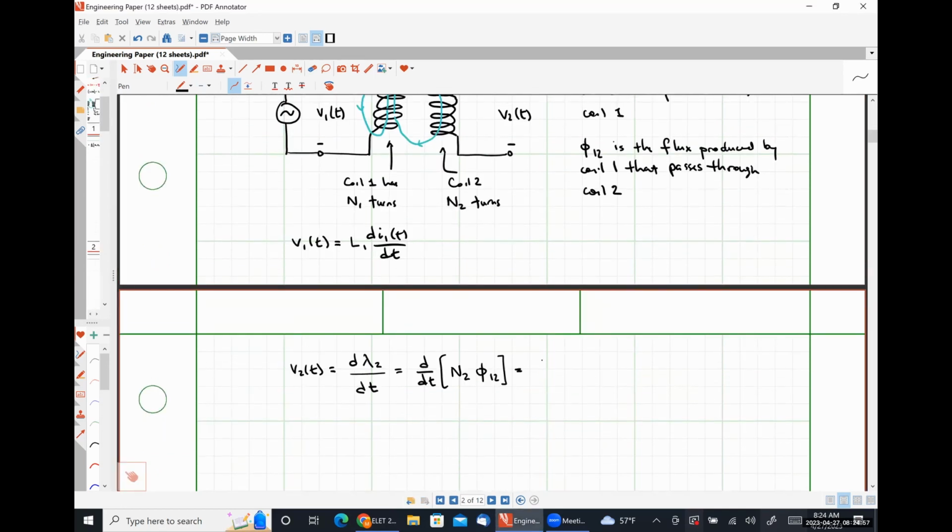So this is going to look like the derivative with respect to time of N2 times L1, the inductance of coil 1, divided by the number of turns in coil 1 times the current passing through coil 1, because our current I1 is the thing that's generating the flux, right? I'm going to come down here because I'm running out of room up there.